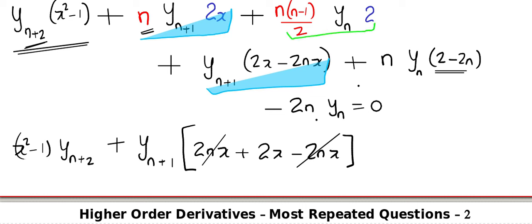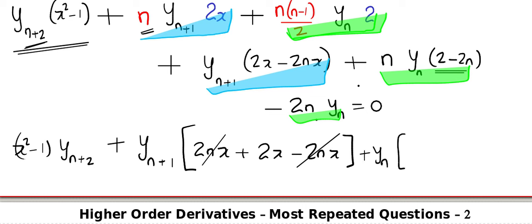So here we have this one, 2, 3. So we have three terms. So let's take yn common. So I can see that this 2 and 2 will get cancelled. I get n into n minus 1 from the first term, and from the second term I get 2n minus 2n square, and from the last term I get minus 2n is equal to 0.